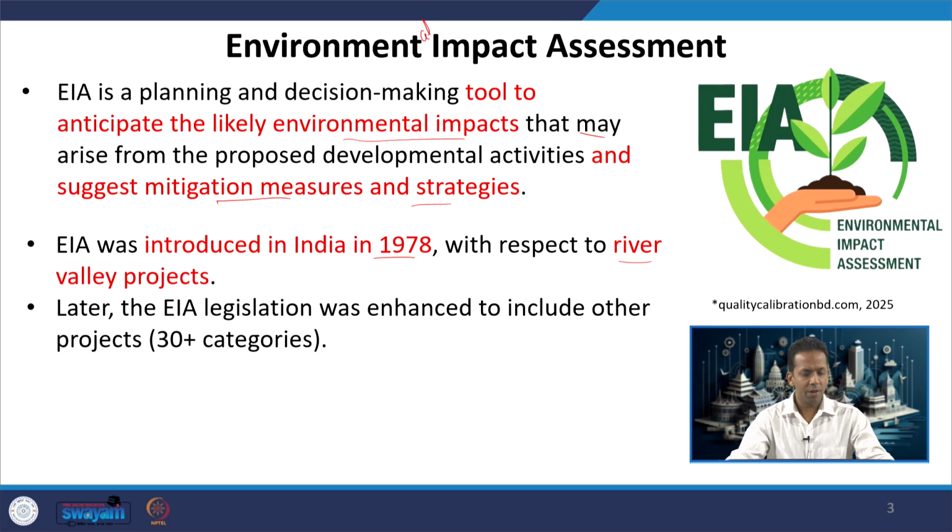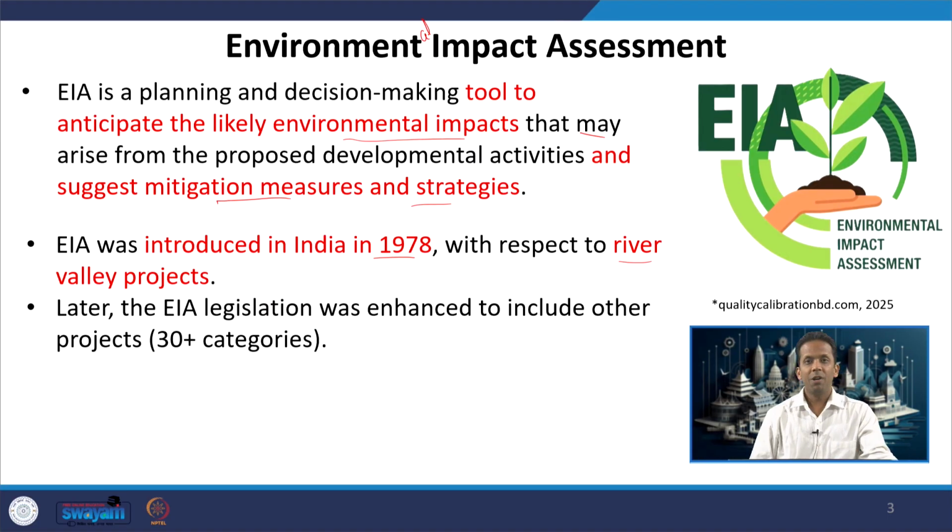So, those projects which involve movement or transfer or storage of water in the rivers are called river valley projects. And these projects typically have huge environmental impact, because sometimes you have to cut down trees or forest, sometimes you have to relocate people living in those nearby areas, and it also involves construction of new civil infrastructure which will have a lot of air emissions, water pollution as well as noise.